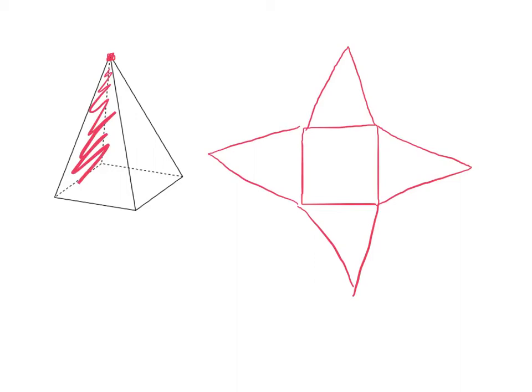Each of these faces would end up being triangular. I would have one in the front, one on the side, one around the back, and one to the left side.